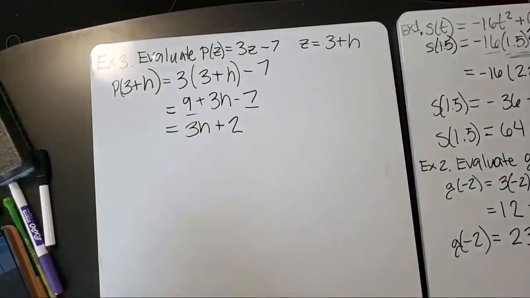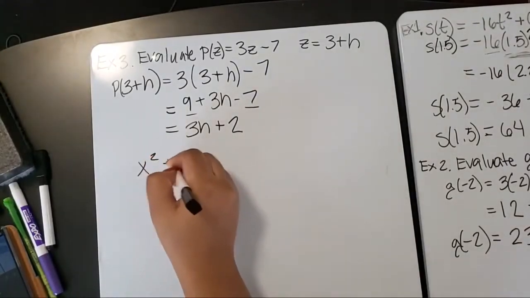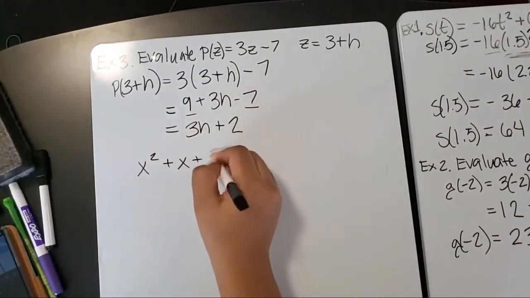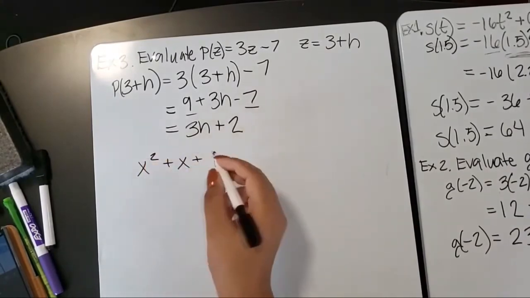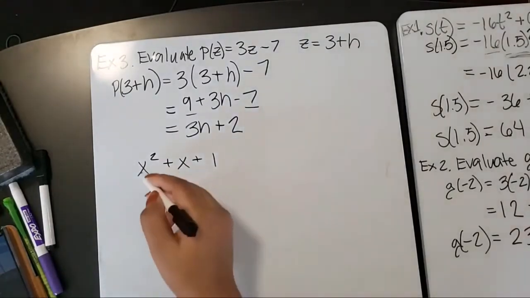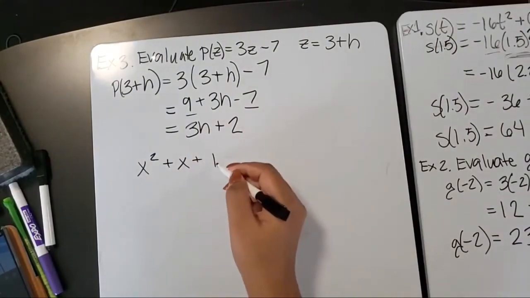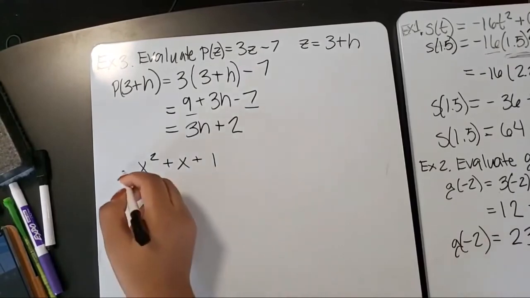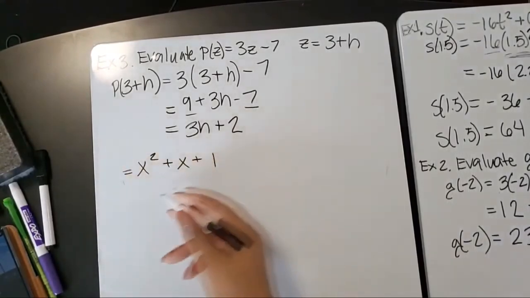Basically, when you write these out, you want to write them in order by the degree, and I'm not really going to get into that a lot, but this has a degree of 2, this has a degree of 1, and this has a degree of 0. So this will typically be the order that you see things written.